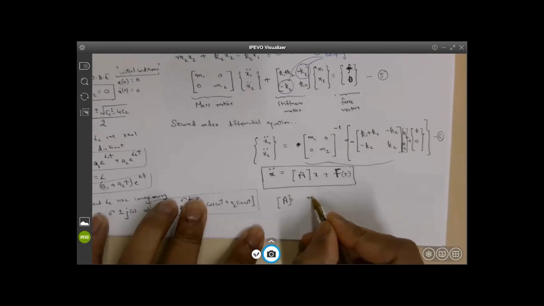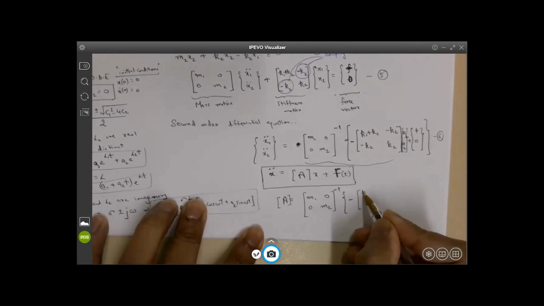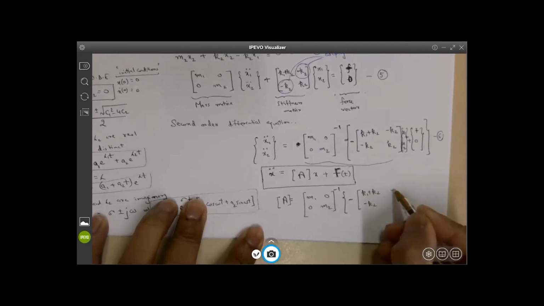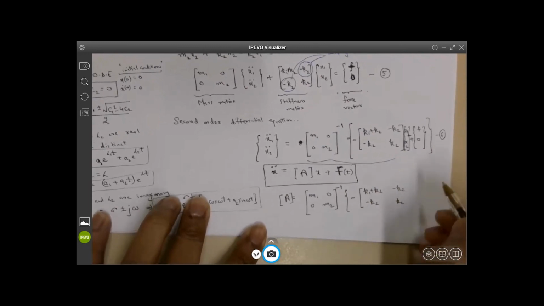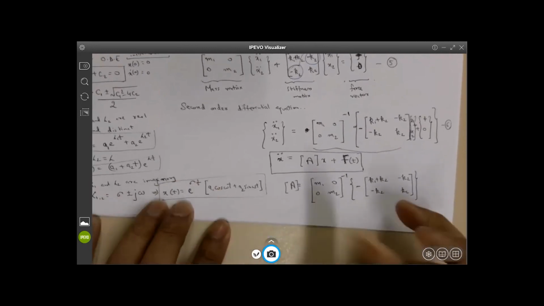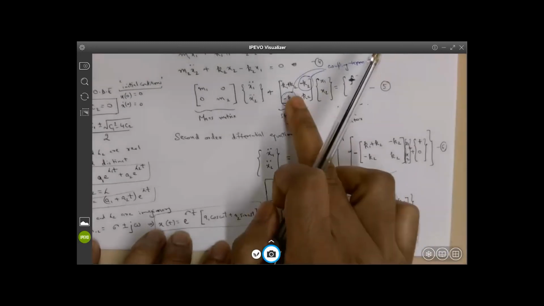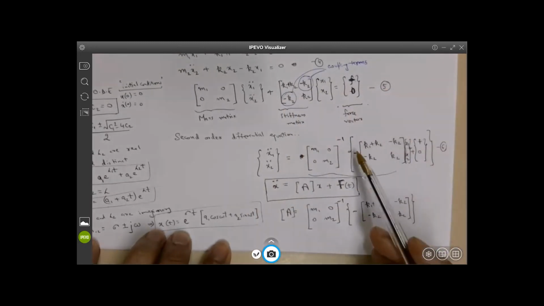A matrix is M1, 0, 0, M2, inverse times negative of K1 plus K2, negative K2, negative K2, and K2. That is your A matrix, which is the multiplication of this with this. Why negative here? Because this term will go to the right hand side, it becomes negative.